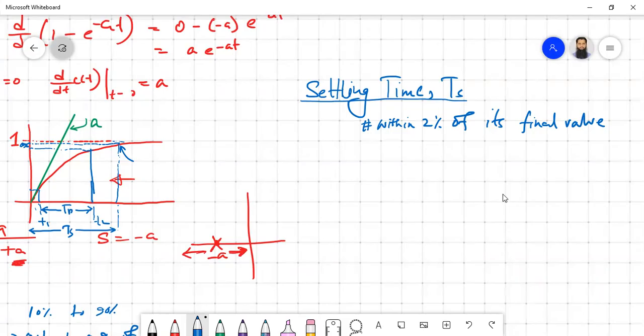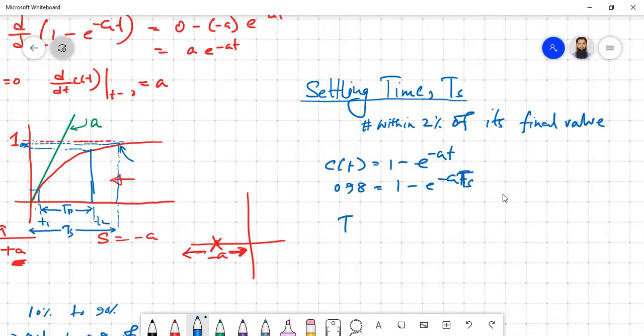So by definition, you can also take the same formula, C(t) equal to 1 minus e to the power minus at. So we know that the final response will be 0.98, 1 minus e to the power minus a t. So now it should be TS, settling time TS.